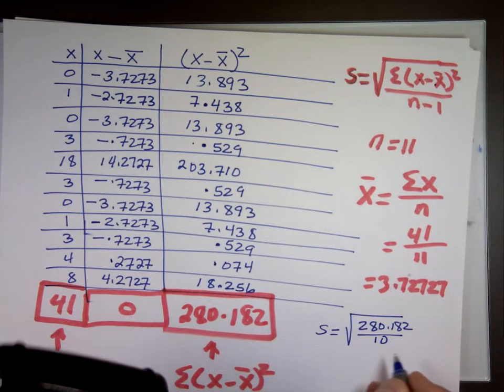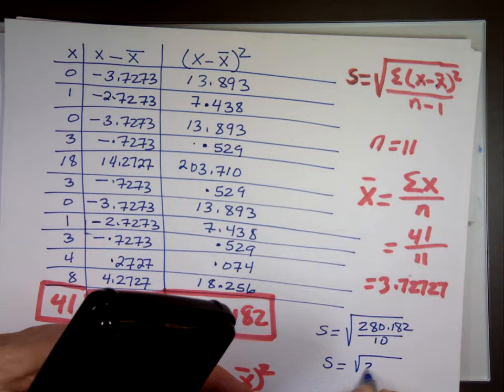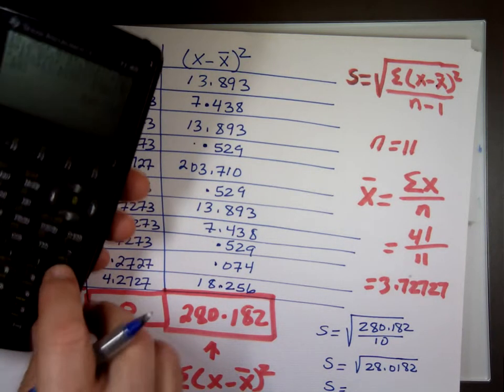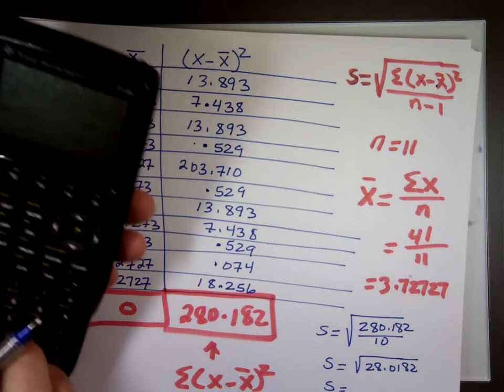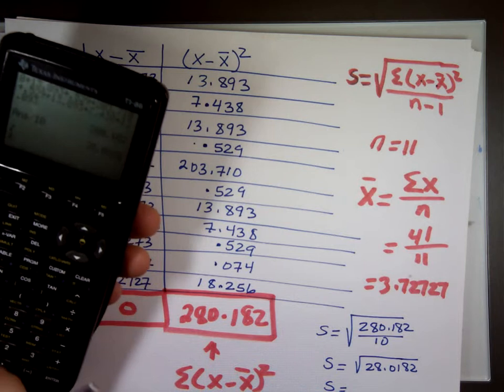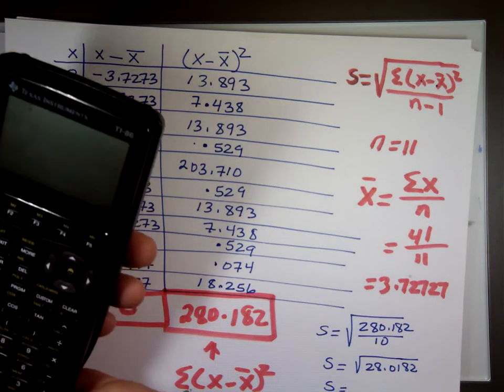So it's the square root of 28.0182. Take the square root of that number. Clear. $5.29.